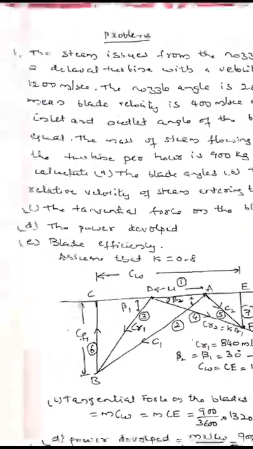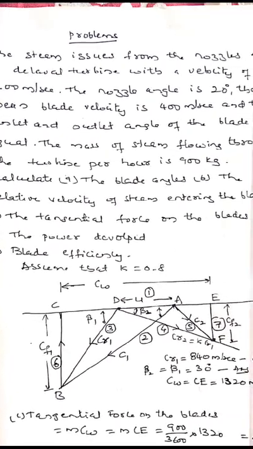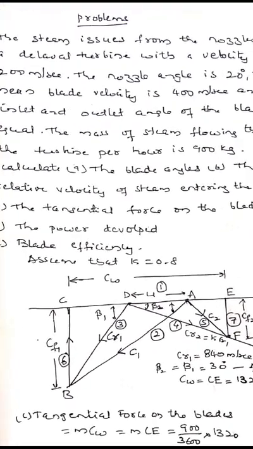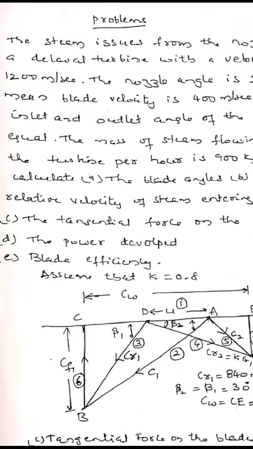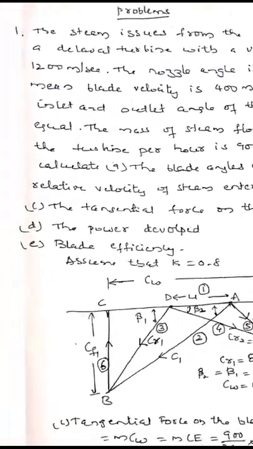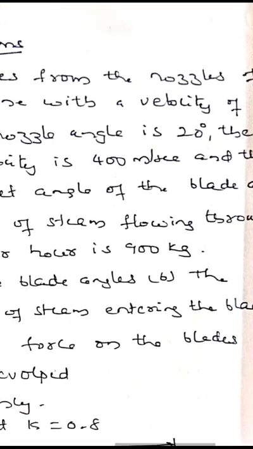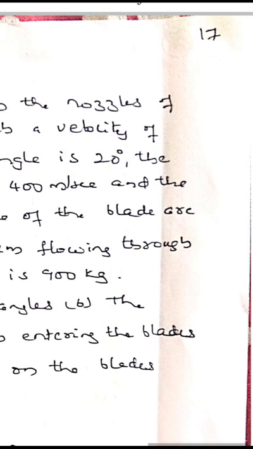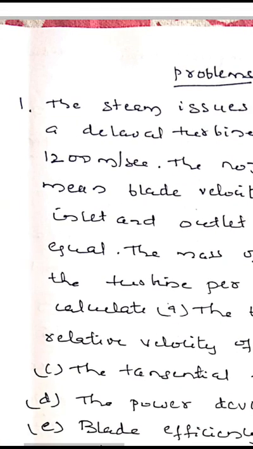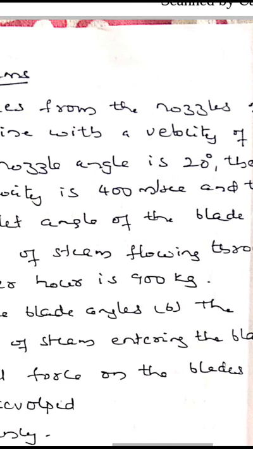Now, dear friends, we shall solve some problems on the single stage impulse turbine. First, I will read problem number 1. Steam issues from the nozzle of a De Laval turbine with a velocity of 1200 meters per second. The nozzle angle is 20 degrees.